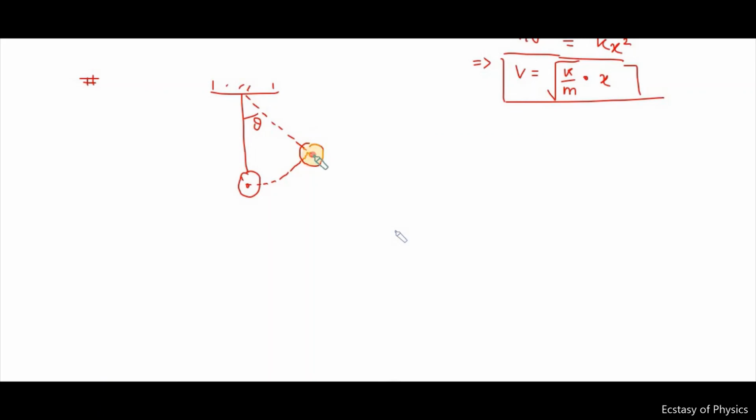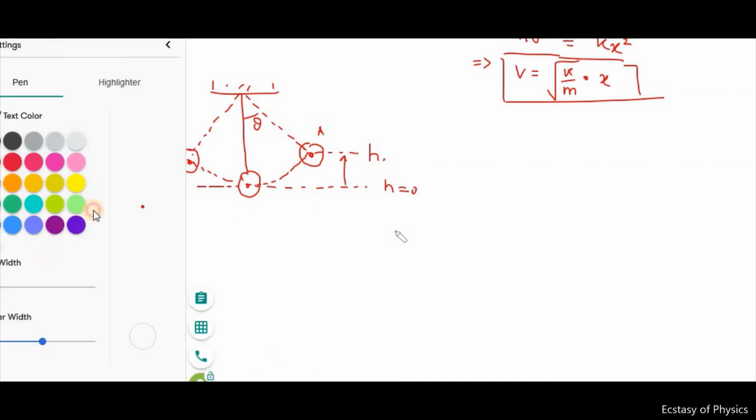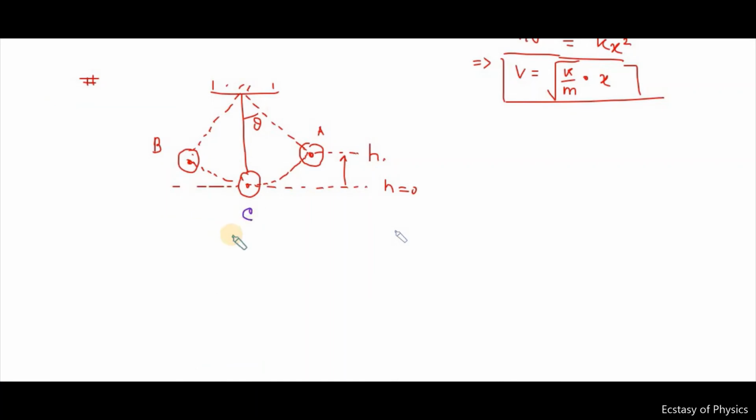This position is the extreme position of the pendulum, and we can consider this the reference position where h is equal to 0, and from here how much the pendulum is shifted is h. Once it comes back to the opposite end, a and b are the two extreme positions of the pendulum, and c represents the mean or equilibrium position of the pendulum.